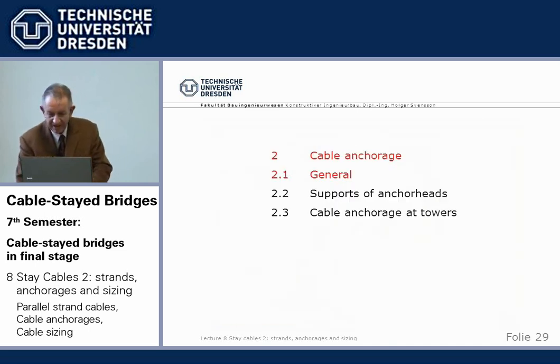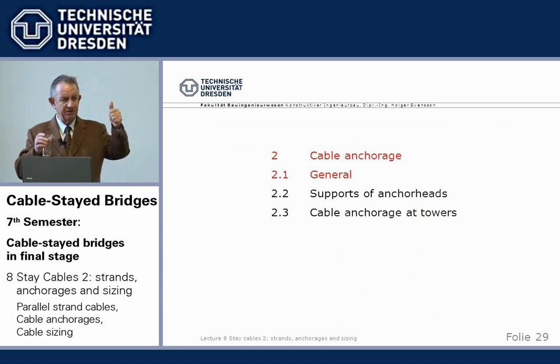Now, cable anchorages. Whatever type of cables, I always leave out the parallel bar. They are special, they are cast in. But we use the lock coil, the parallel wire, and parallel strand. Again, those are the three which are of interest.